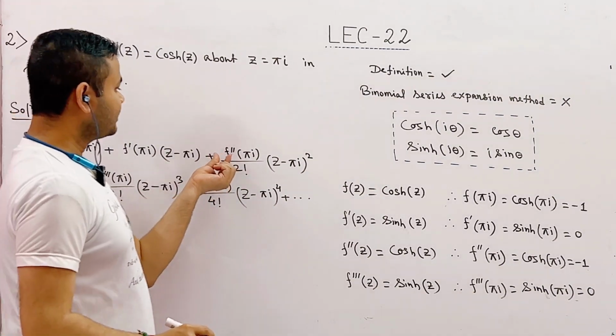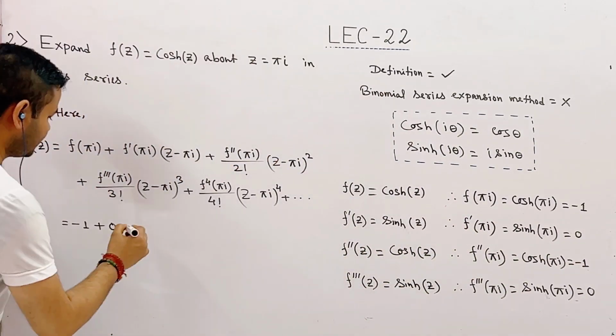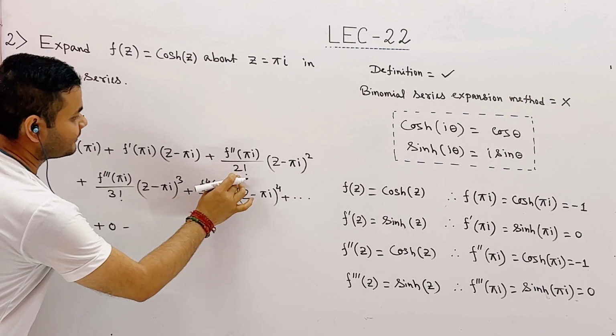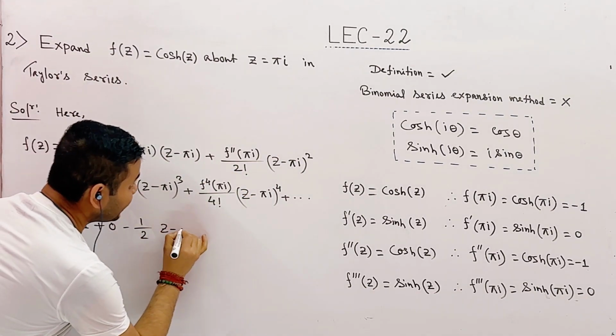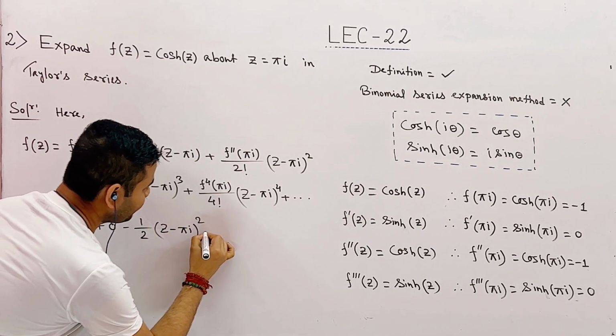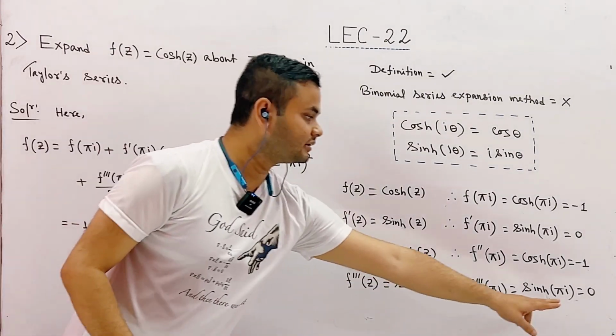Third term, f double prime pi iota value is minus 1. So minus 1 divided by 2 factorial means 2, 1 by 2 z minus pi iota whole square, plus similarly f triple prime pi iota value is 0.